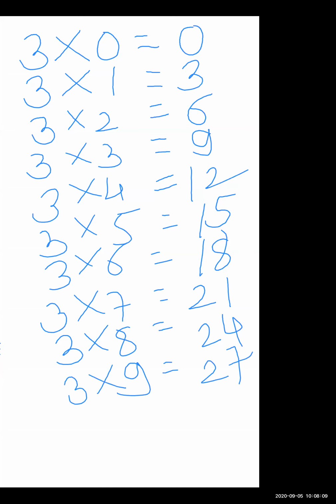And at last, we'll be adding 3 10 times. That means 3 into 10. After adding 3 10 times, we will get the answer 30. 3 tens are 30.